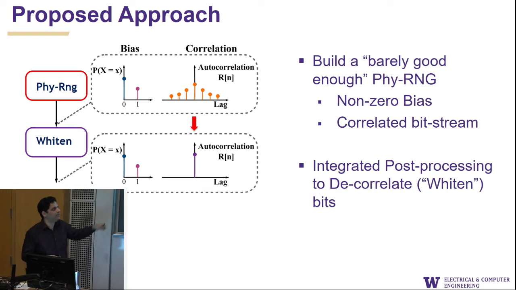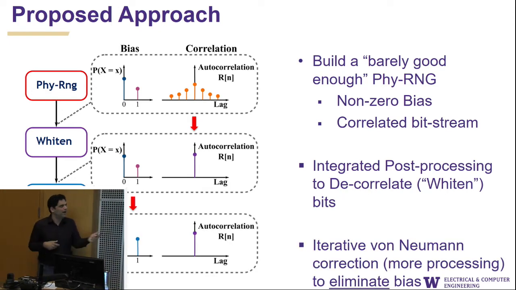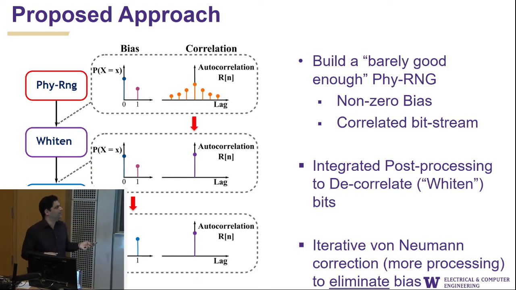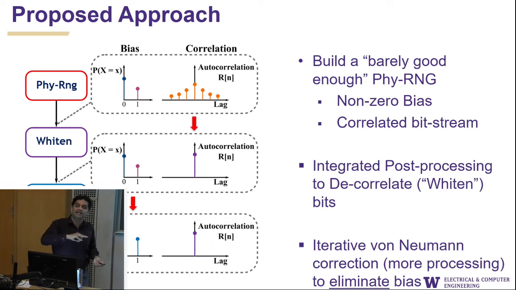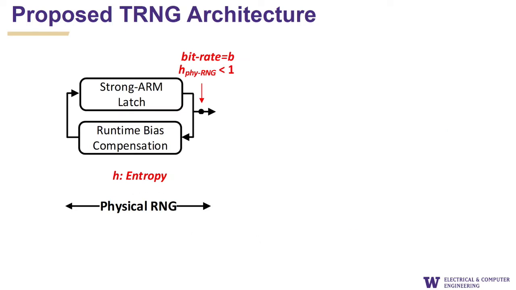Once that happens, you can use a well-known algorithm referred to as Iterative von Neumann, map it into VLSI, and if you have independent bit sequences, you can eliminate bias completely, okay? And that's the approach we're going to take. Circuit effort, moderate, basically digital post-processing at this end. Very robust, very clean, efficient. That's the approach, okay?